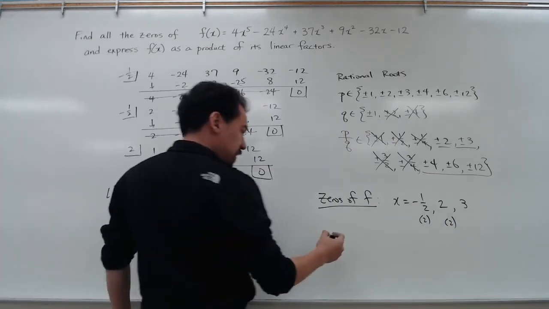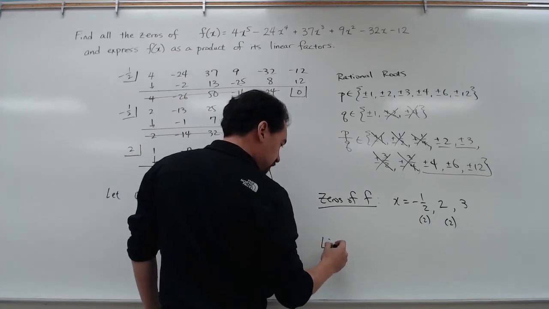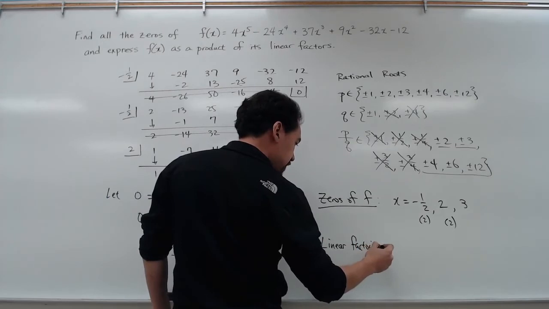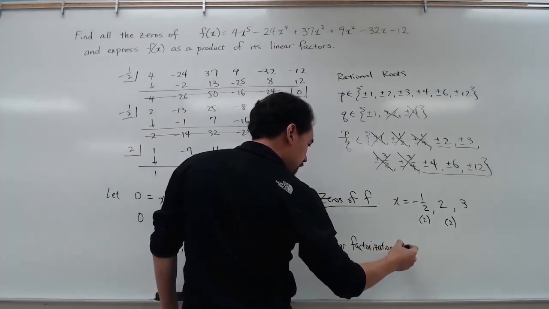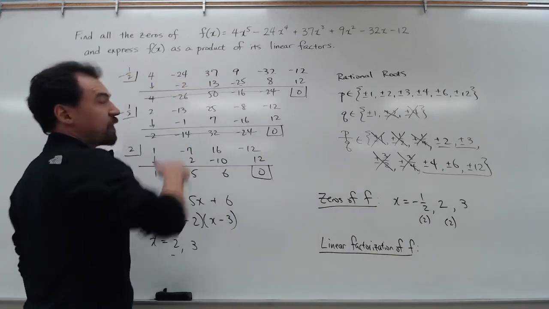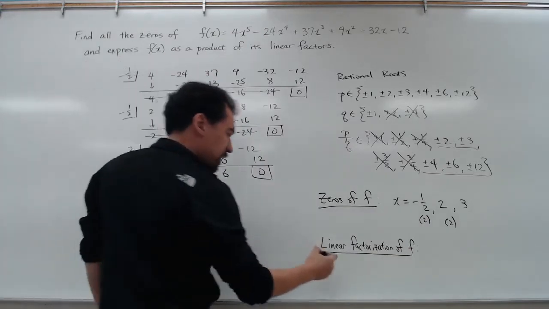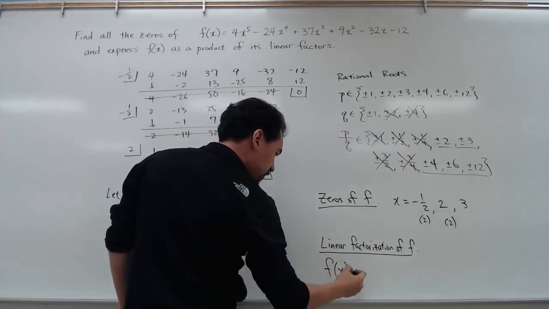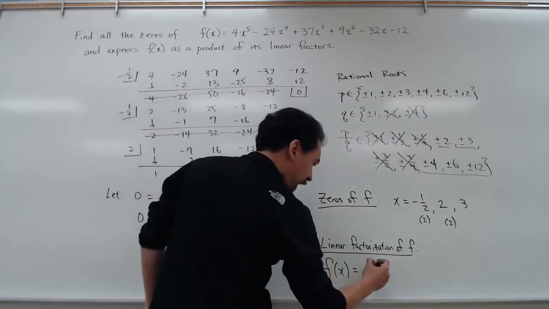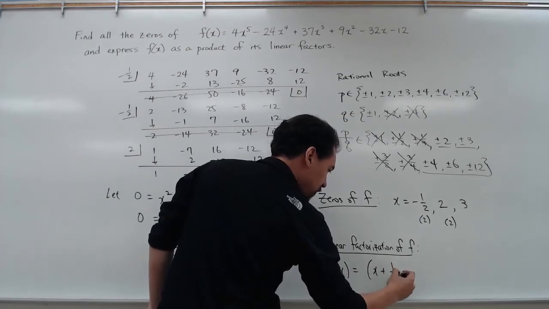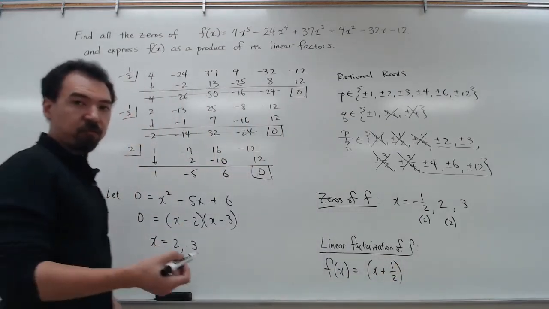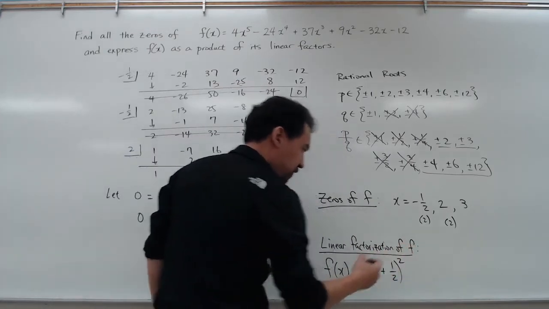And then finally, when I write the linear factorization of f, this is saying express f as a product of its linear factors. This is what I'm going to say. f of x is equal to, this is going to give me a factor of x plus 1/2. And then this is going to give me another one of the same factors, so I can put a squared right there.